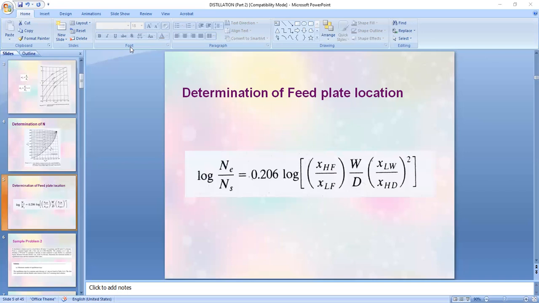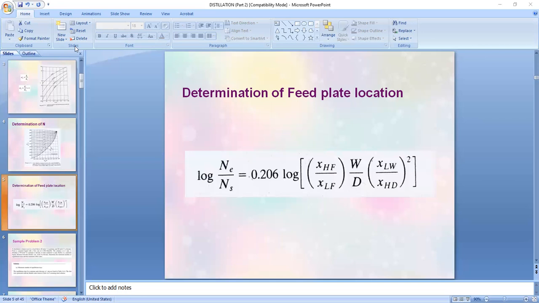Which of the two is the low boiling point component? Bia answered benzene. What about the rest? You can write your answer on the chat box. Which of the two will be the low boiling point component? Benzene.